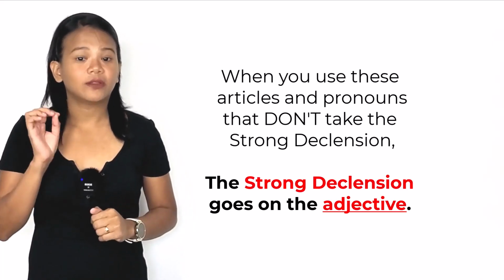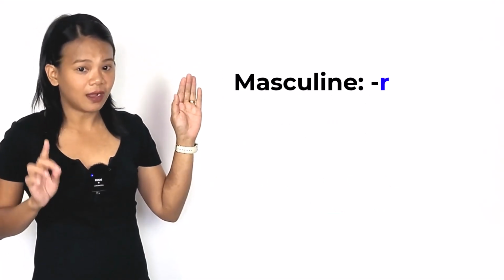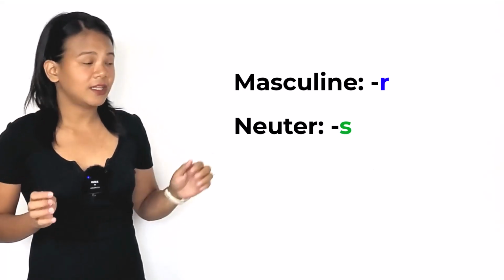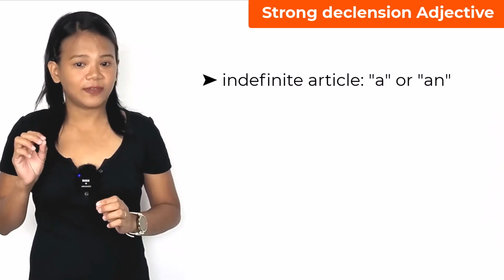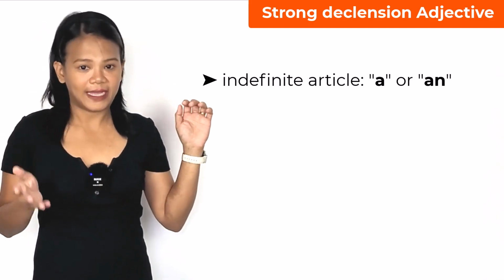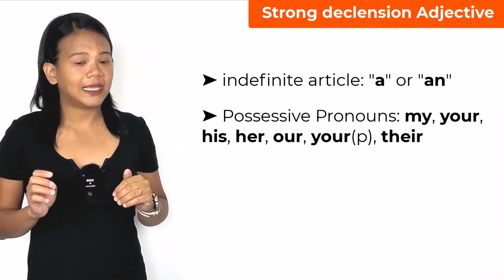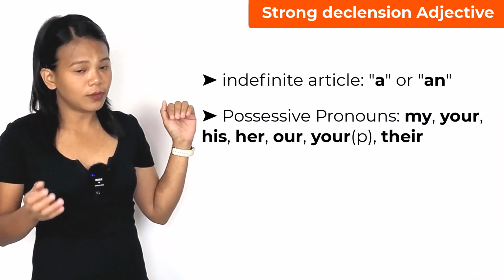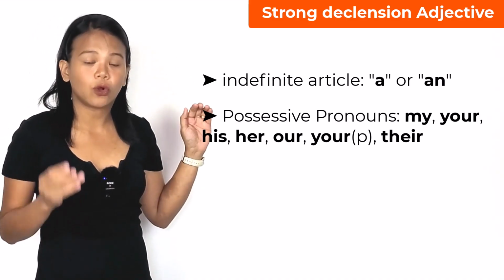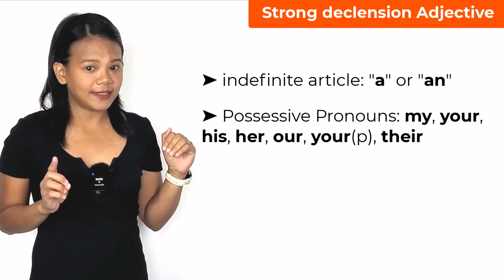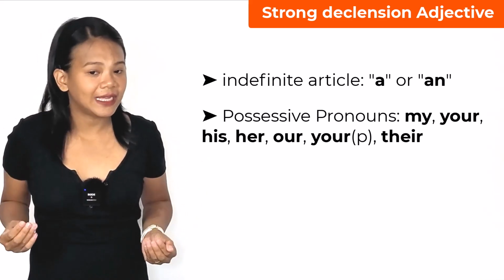To review, the rules of the strong declension are: masculine ends with R, neuter ends with S, and the feminine ends with E. When you use the indefinite article a or an and the possessive pronouns my, your, his, her, our, your plural, and their, you do not use the strong declension on those articles or pronouns. Instead, the strong declension applies to the adjective.